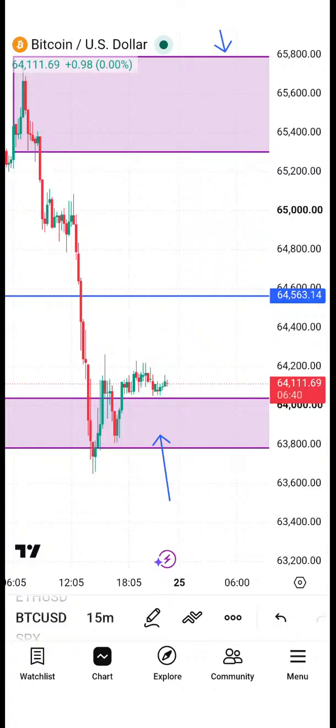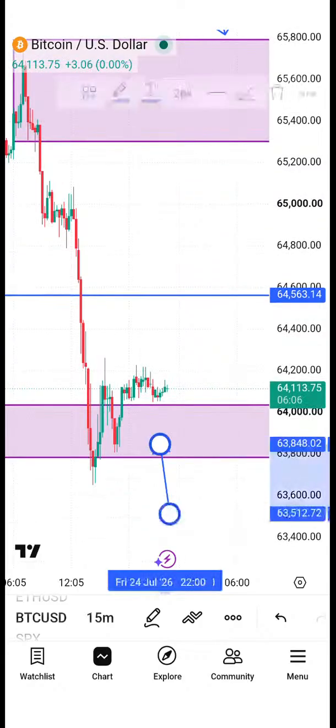If you want to take a buy on support, look for confirmation. If you want to take a sell on a resistance, look for confirmation before you take that sell. Don't just enter a sell because price is at resistance. Don't just enter a buy because price is at the support. Look for confirmations, guys. Very important.